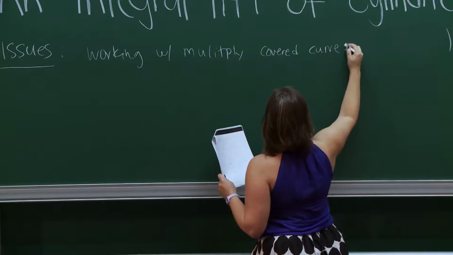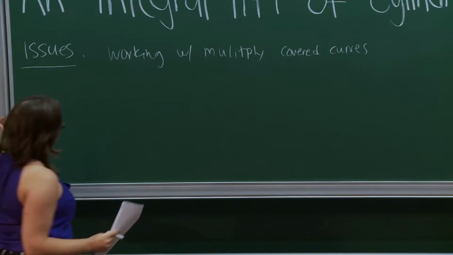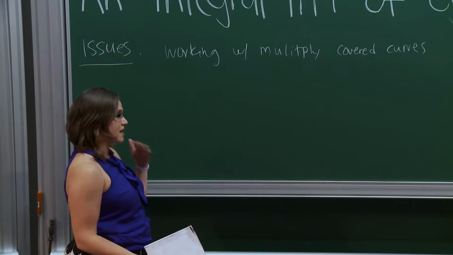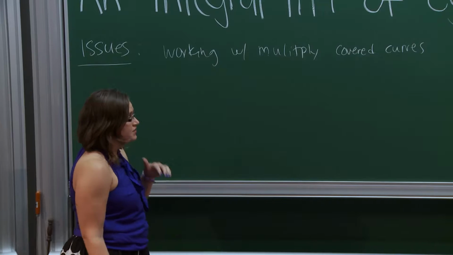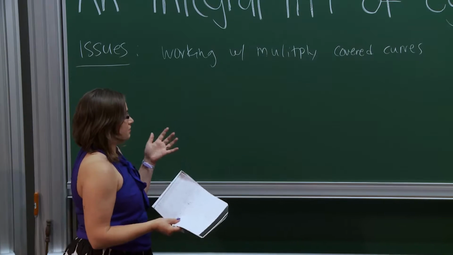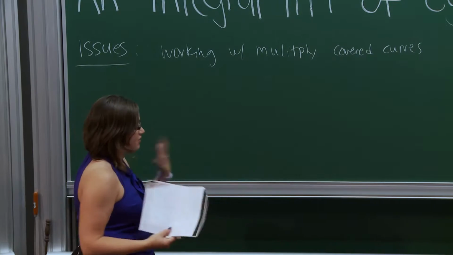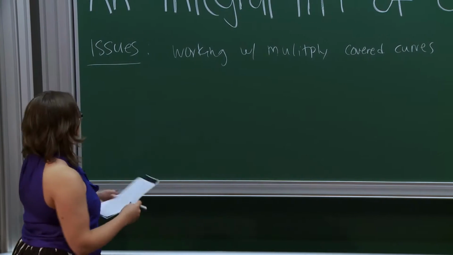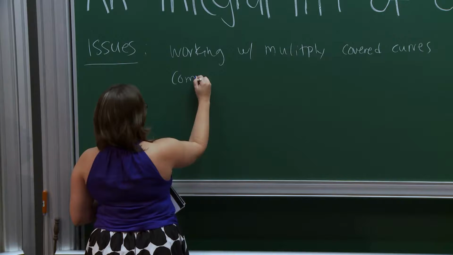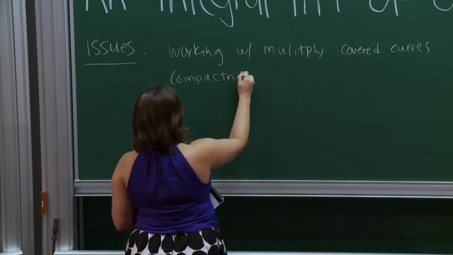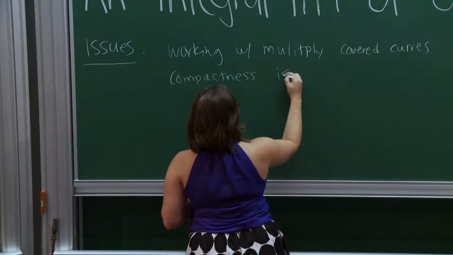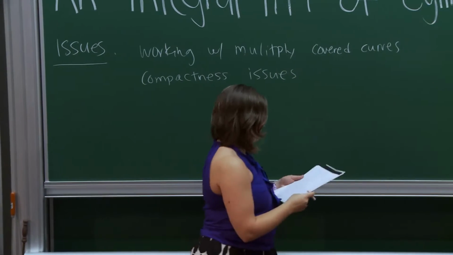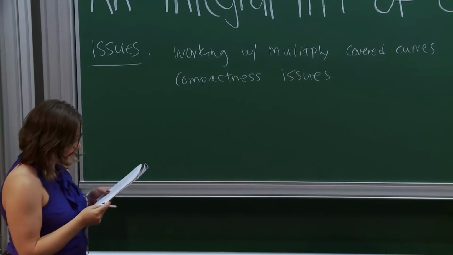Michael also mentioned this a few times: multiply covered curves can end up having negative index, even though they have to be there, and you can't just use a generic perturbation of J to get rid of them. And so this means that compactness issues are going to suck. Well, maybe they don't suck. Maybe they're beautiful, but they make the theory harder.